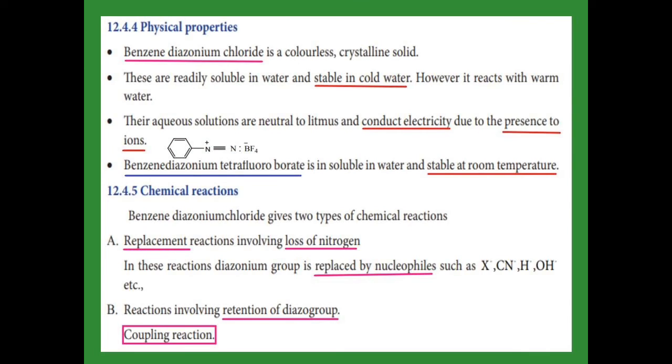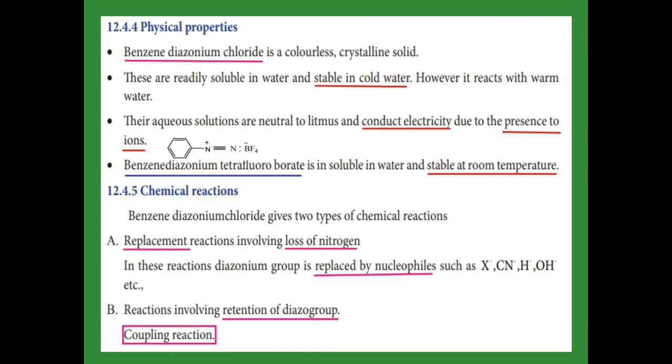Physical properties of benzene diazonium chloride. It is a colorless crystalline solid, and it is stable only in cold water. In warm water it reacts with the water. And it conducts electricity because it contains ions. Also, in aqueous solution they are neutral.